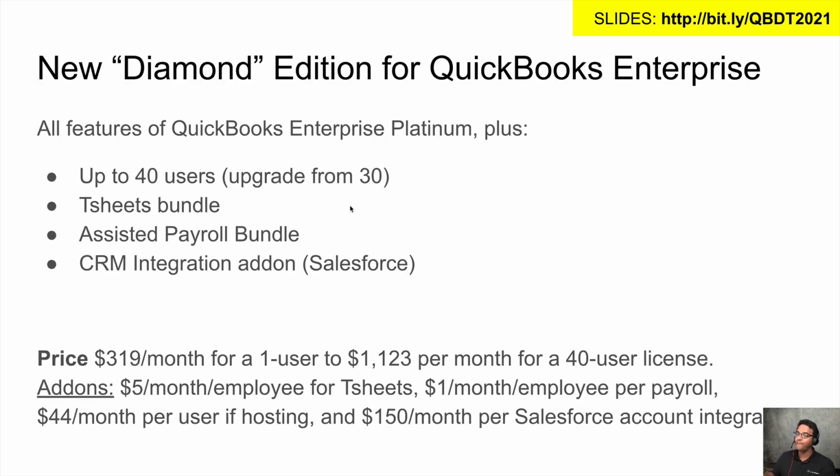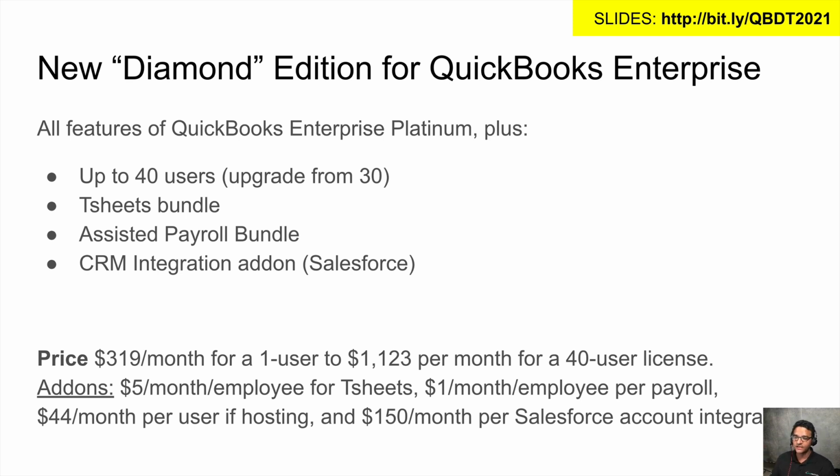Now, you're going to see a push to the new Diamond edition of QuickBooks Enterprise. What they've done with the Diamond Edition is they've increased the ability to have more users. So now you're going to have the ability to get to 40 users, which was previously capped at 30 users.